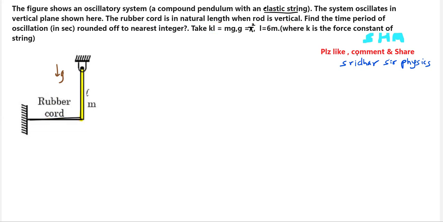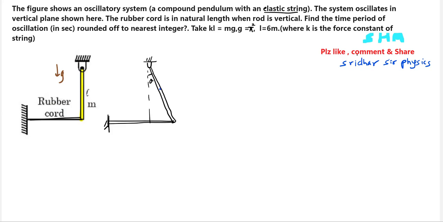So what is the basic idea? When the rod is slightly tilted, this particular elastic cord will behave like a spring. I give a small angular displacement.